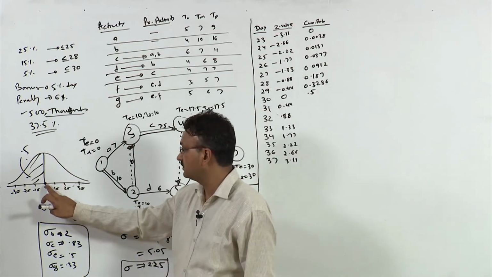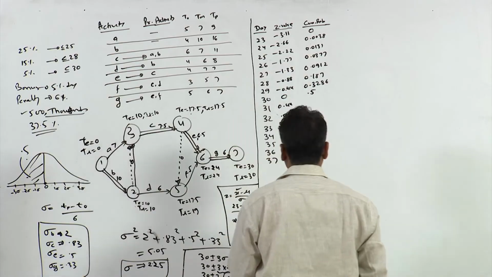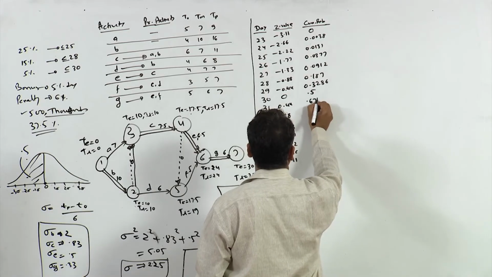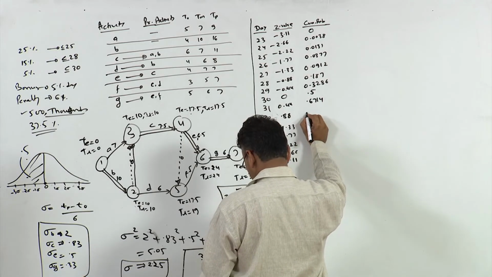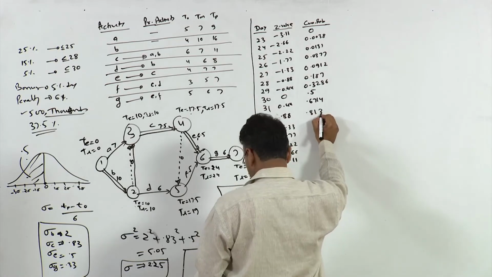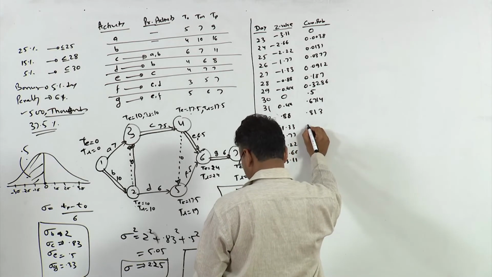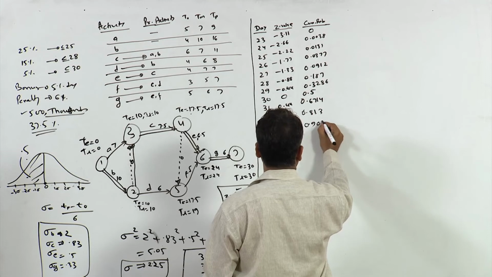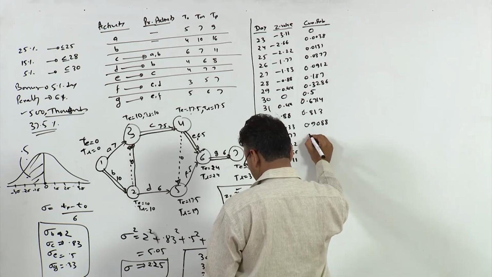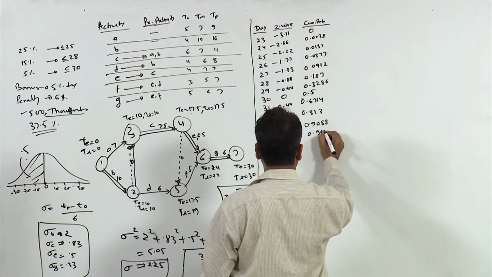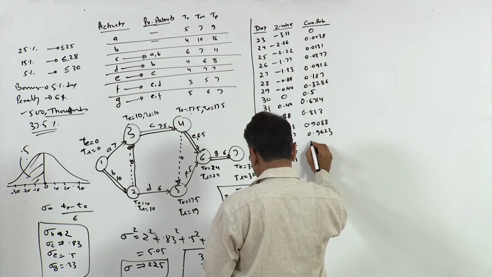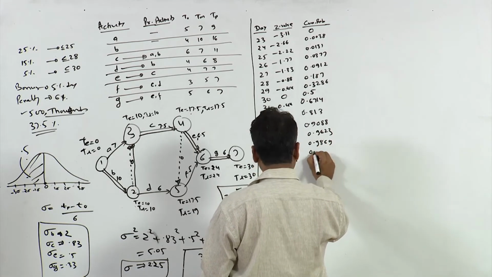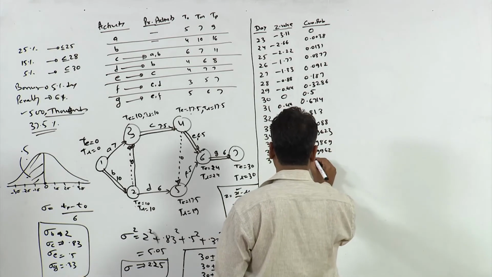As I said, at Z equal to 0, the area under the curve is 50%, right? Then this is 0.6714, 0.813, at 1.33 it is 0.9088, then this is 0.9623, then 0.9869, 0.9962 and 1, right.